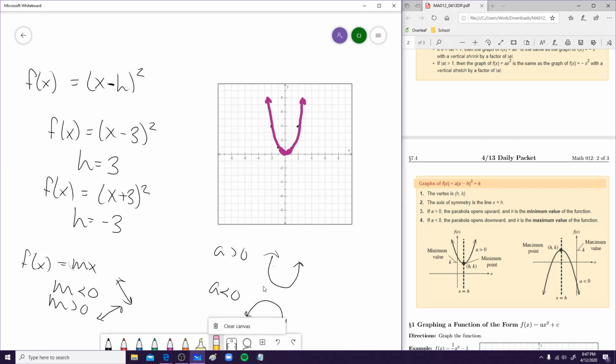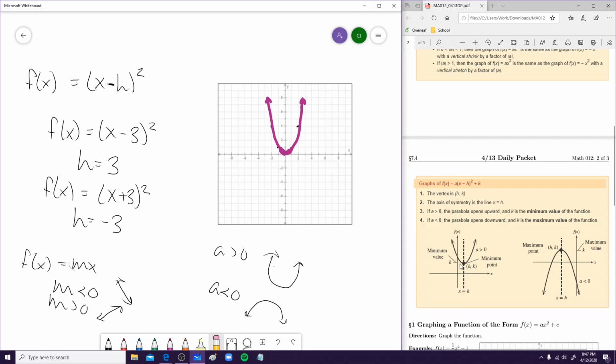So, what are the comments here? It says that the vertex is (h, k), but what is the vertex? The vertex is either the smallest value of the graph or the greatest value. It depends on a. So what do I mean? If you look at this graph, the vertex is right here.